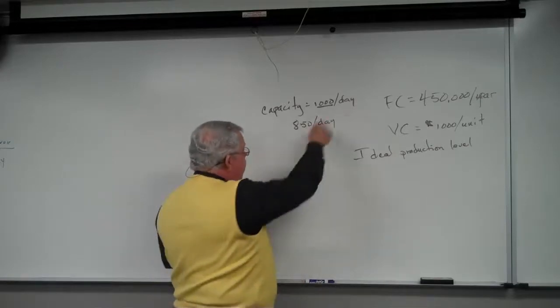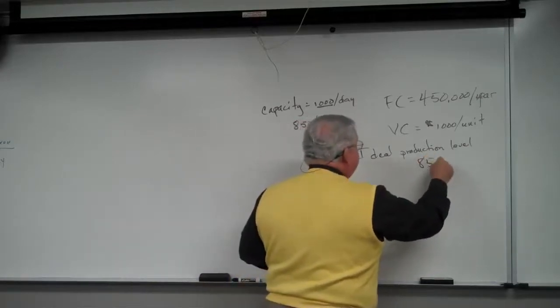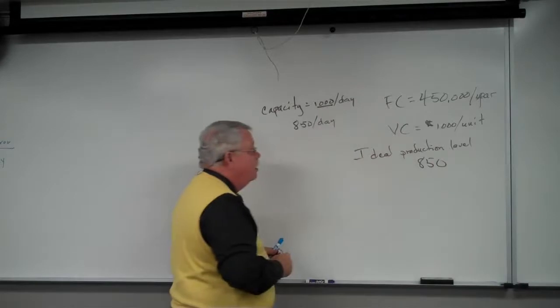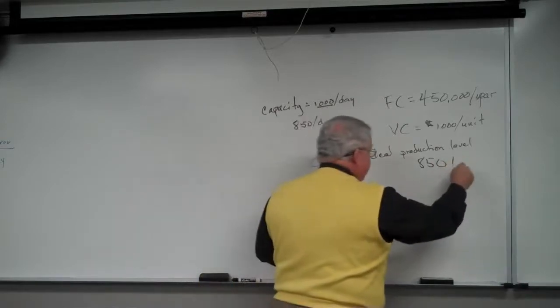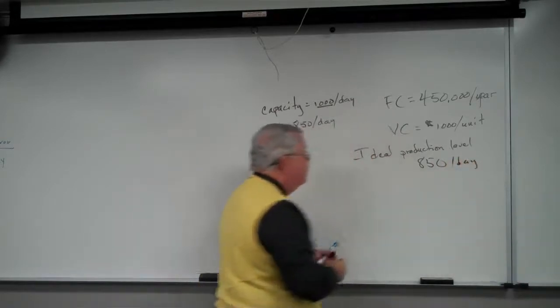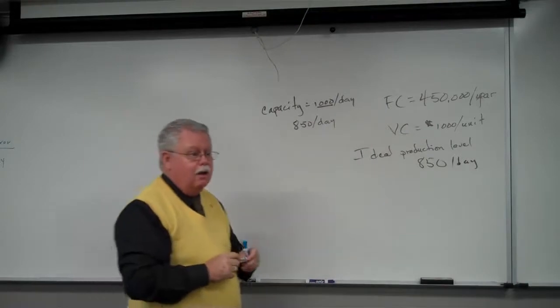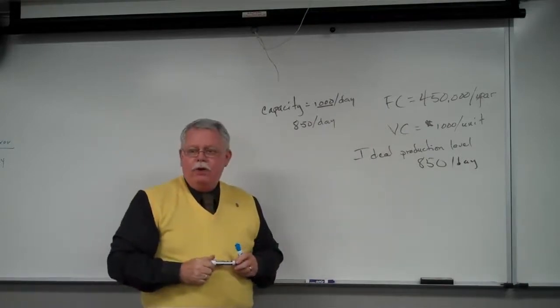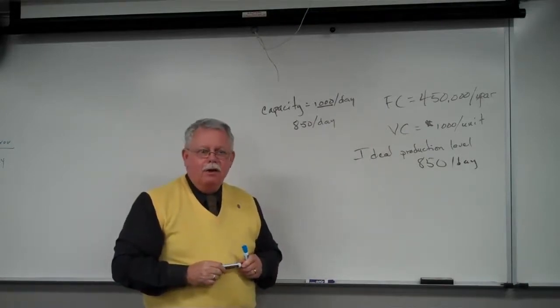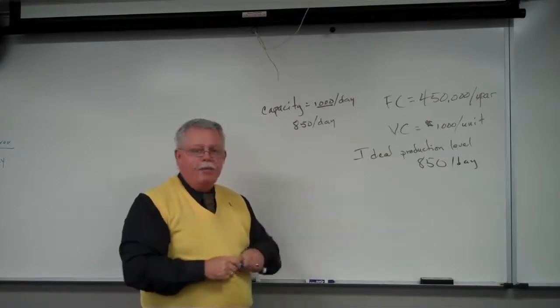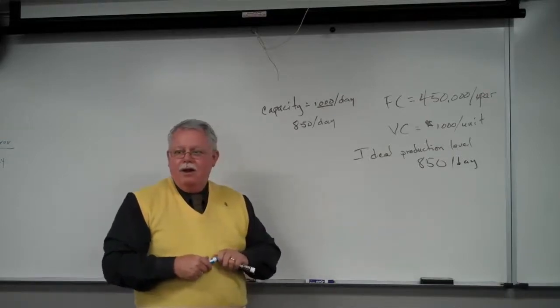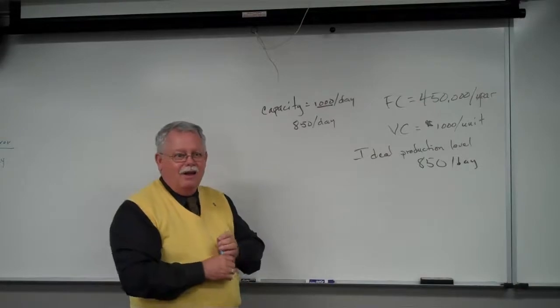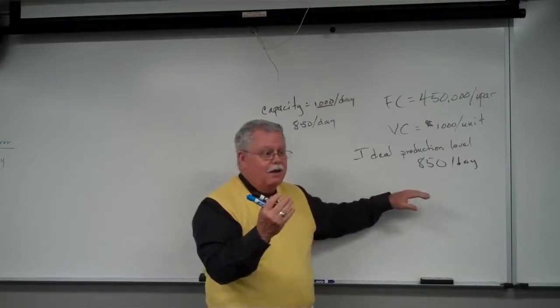Let's see, if our ideal production level is 850 units a day, now I'm going to really mess you up. What price do I need to charge for my product? What kind of adjustments have you got to make? How many days in a year do you run?